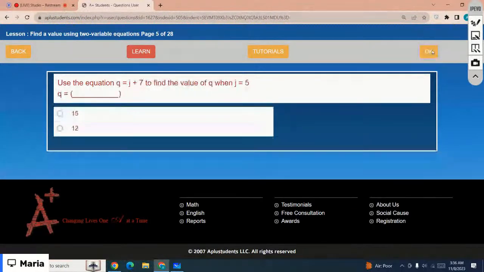Use the equation q equals j plus 7 to find the value of q when j equals 5.